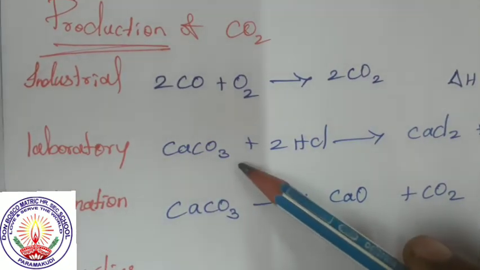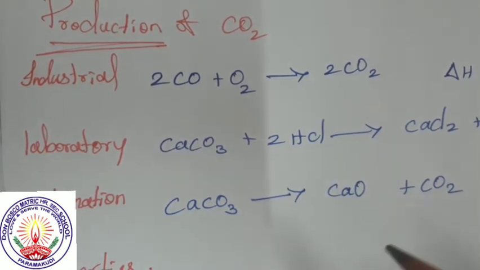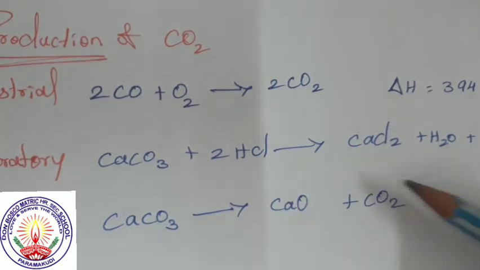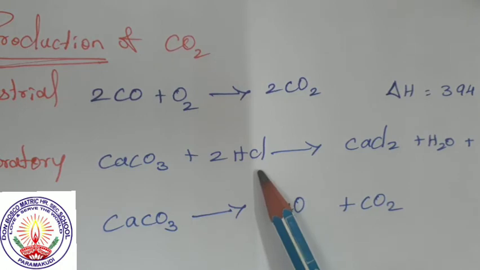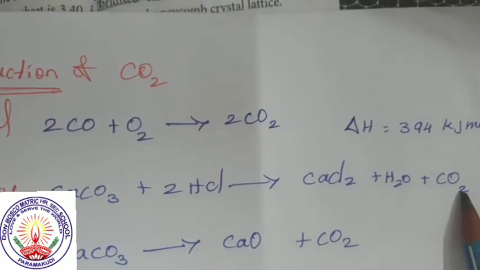Calcium carbonate, that is limestone, can be treated with HCl, and the calcium combines with chloride. We get calcium chloride, water and carbon dioxide.